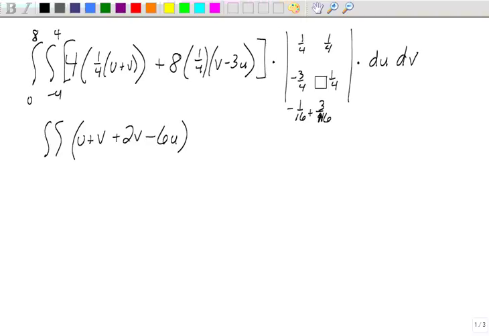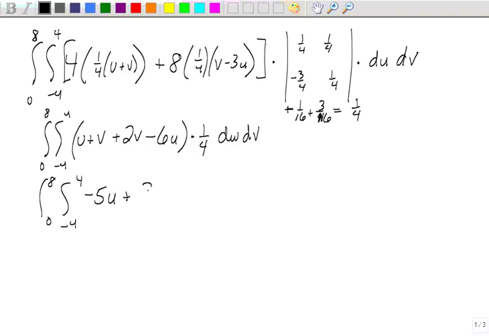This is a positive 1/4, sorry. That's plus, that's 4/16, which is 1/4. So this is times 1/4 du dv, negative 4 to 4, 0 to 8. So we're integrating minus 5u plus 3v, 1/4 du dv.